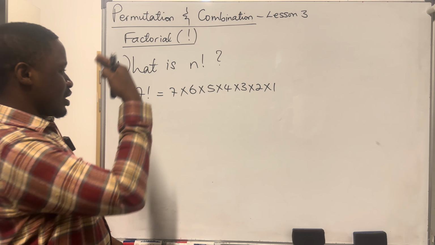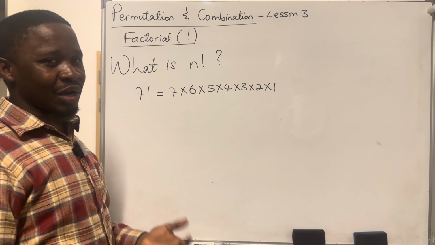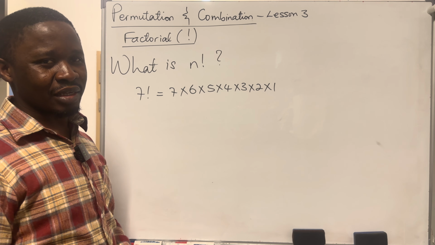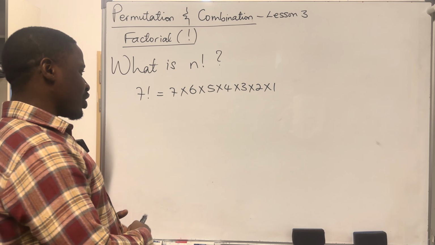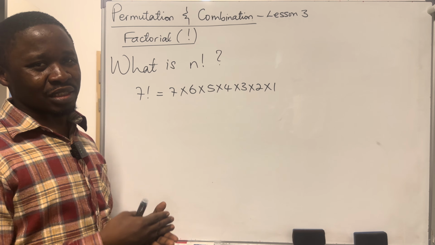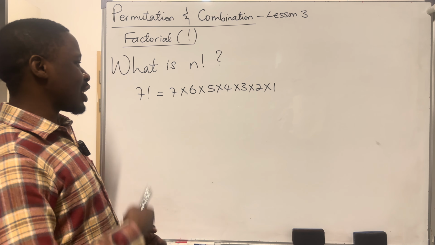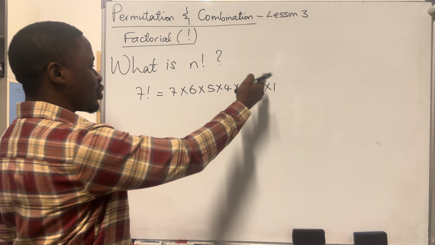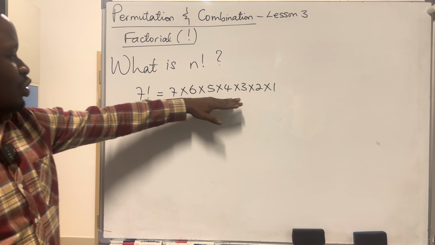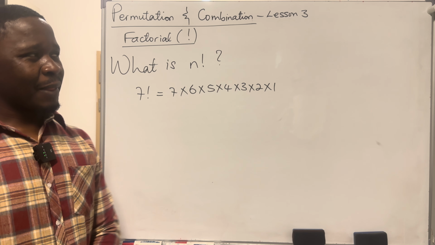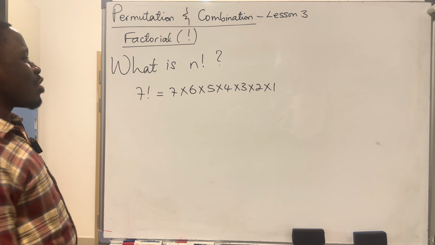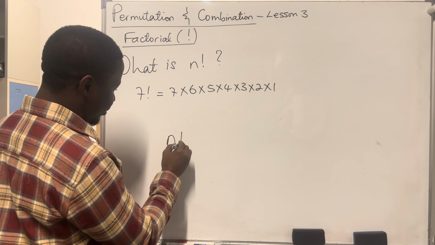One, successive multiplication without missing a number, that is, multiplication of consecutive numbers. But the second condition is that it has to be backward until you get to 1. So this is the expression for 7 factorial. But the thing is, how can we write n factorial?